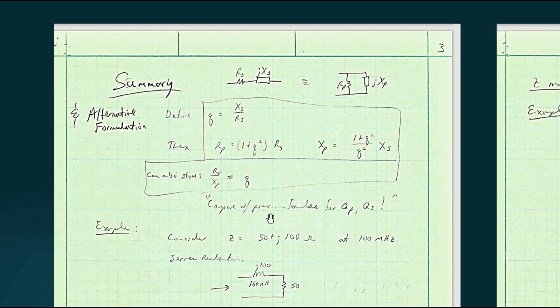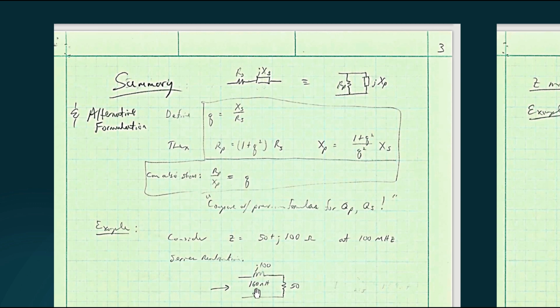All right, let's take a simple example again of doing a series to parallel conversion. Let's say we have a 50 ohm load and we want to turn it into an impedance 50 plus j100. Well, that's easy. We just use the series realization and we add an inductor that gives us a j100 impedance, 100 ohms of reactance for the inductor.